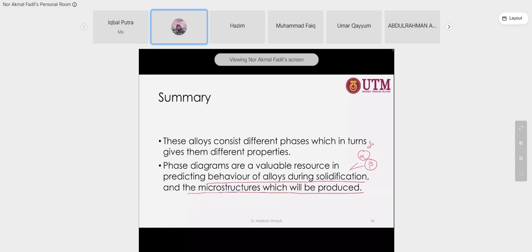Let's say this is ductile, this is brittle. At a certain temperature, you can have a higher percentage of alpha, meaning the total properties of your alloy may change. So that's very valuable information for us to take action when we analyze the process.